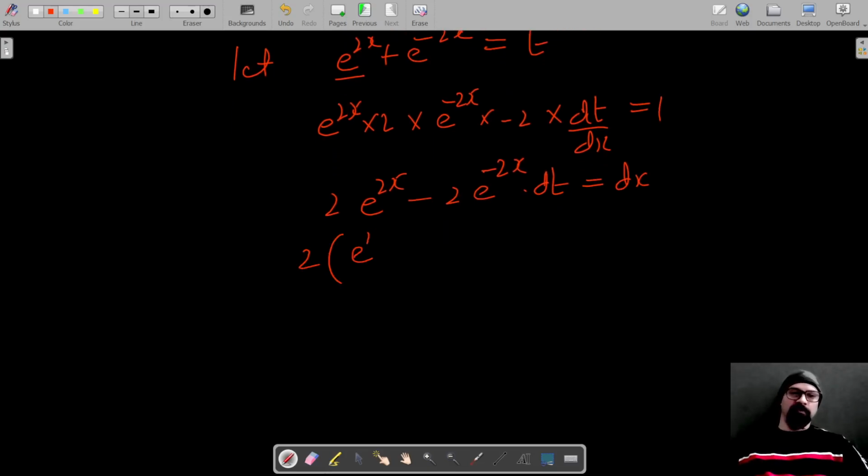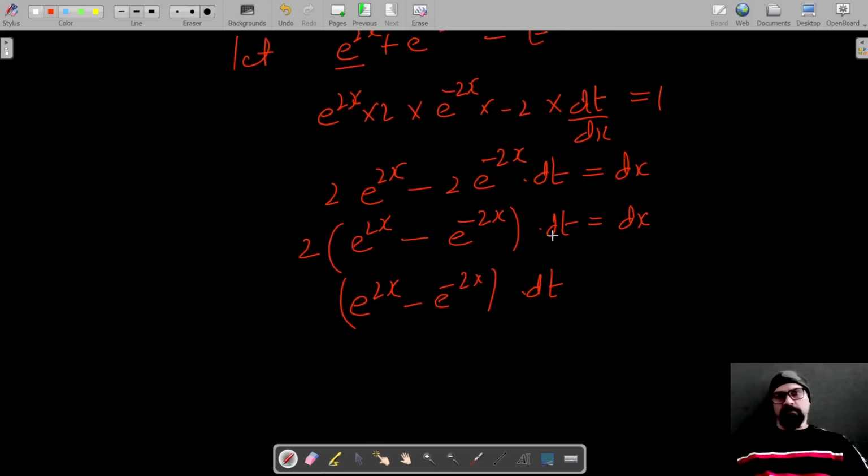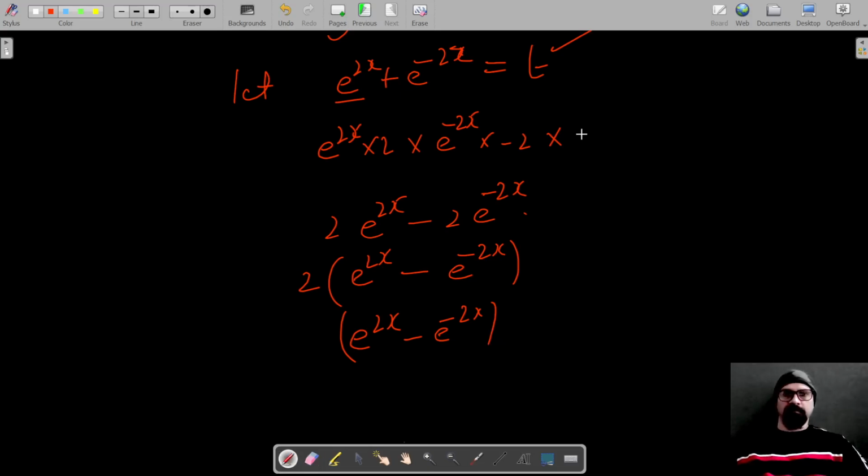Here 2 is common, so 2 into e raised to the power 2x minus e raised to the power -2x into dx is equal to dt.